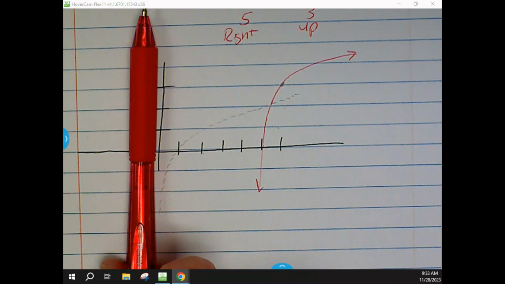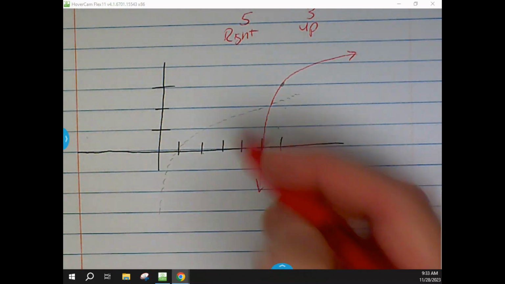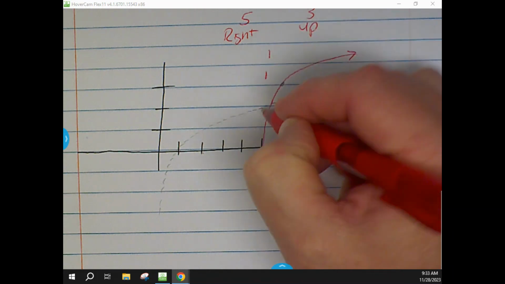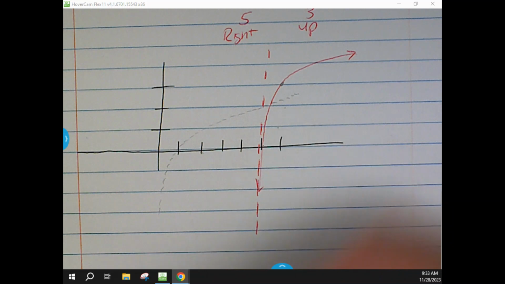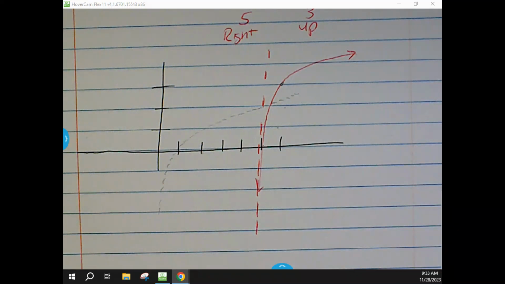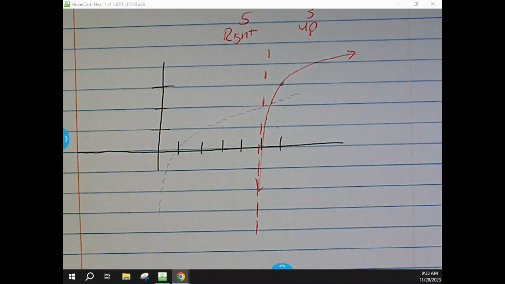Now instead of the cutoff line being at 0, your cutoff line is at 5. So there's an imaginary cutoff line here that says you cannot go past this point on the graph. Now you've got a vertical asymptote.